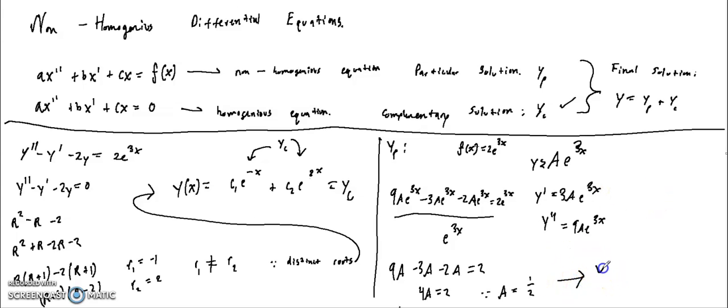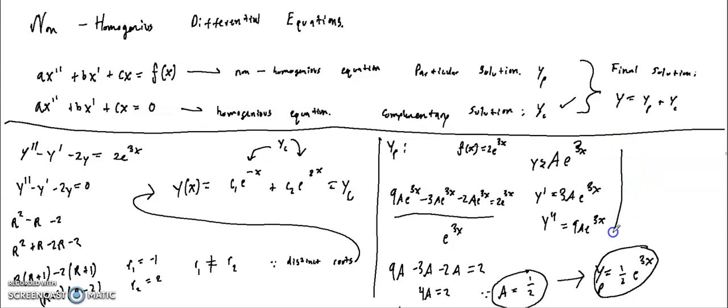So we get yp equals 1/2 e to the 3x. That's our particular solution part. So by doing that, we found what a is, and now our guess is no longer a guess. We know this as a fact.